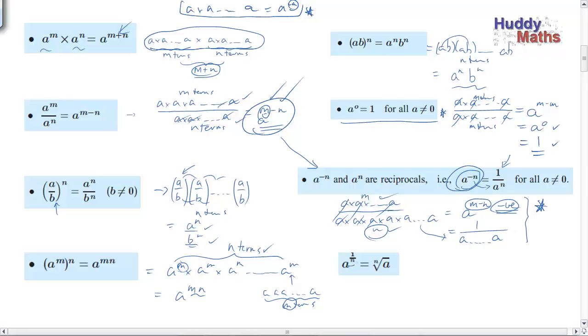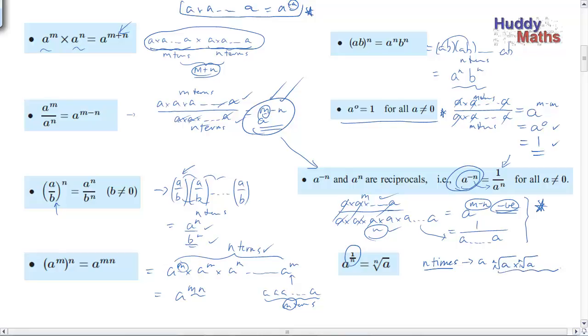And here's another one. How can you have a times itself with 1 on n terms? It seems a bit strange. And the answer is, again, this is developing theory. If you wanted to say what number multiplied by itself n times gives a, by definition, that's the nth root of a.